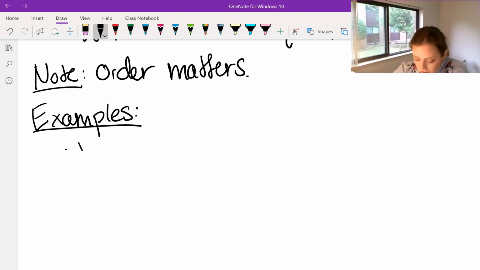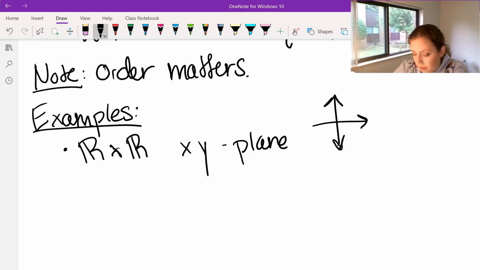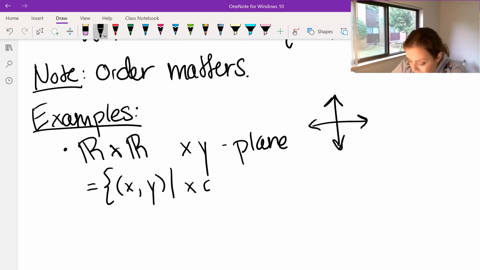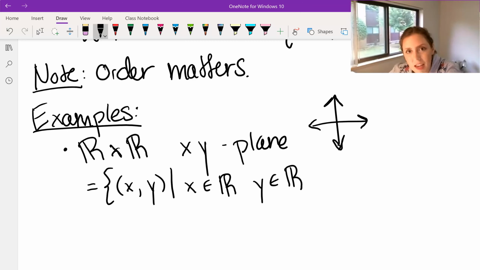Okay, examples. So first, let's think about the reals cross the reals. So this is the XY plane, the XY plane you learn in calculus, we know and love. We can write this as (x, y) such that x is in R, and guess what? y is also in R. But you have to think it's the first one and the second one.